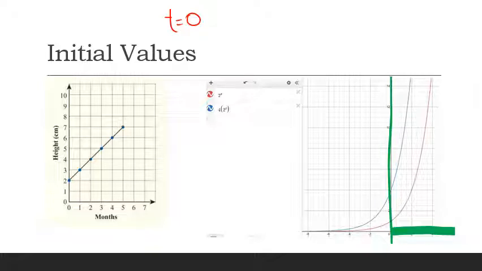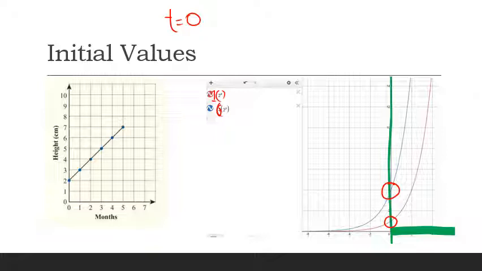So the initial value on the red graph there is 1. The initial value on the blue graph is 4. And remember, the reason for that is the coefficient here was 1, so that's why that had a y-intercept of 1. And this one here had a coefficient of 4, so that's why the y-intercept is 4.